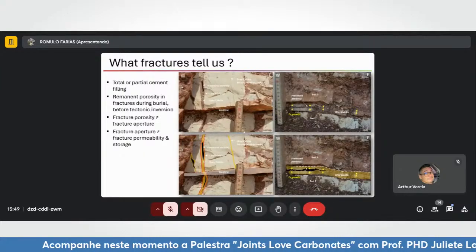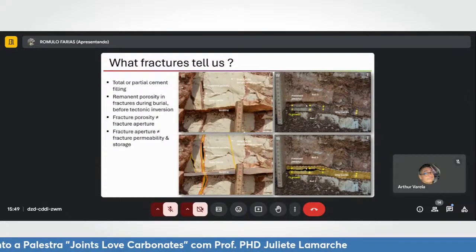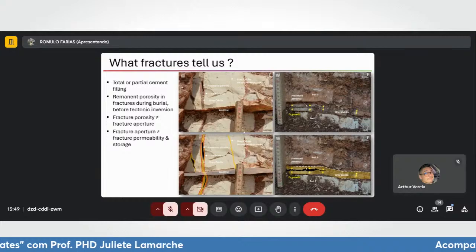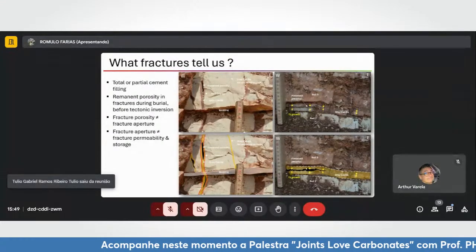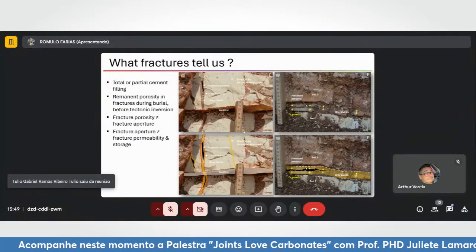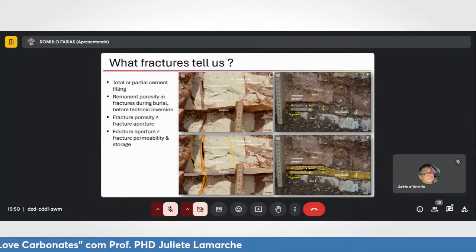Then, about the fracture filling. You see, this is a small fracture, and the orange is the calcite, and the black is porosity. That means that the fractures can be largely opened, but they can be completely closed by cements, or you can keep residual porosity, and you can have pieces of porosity which are not connected.